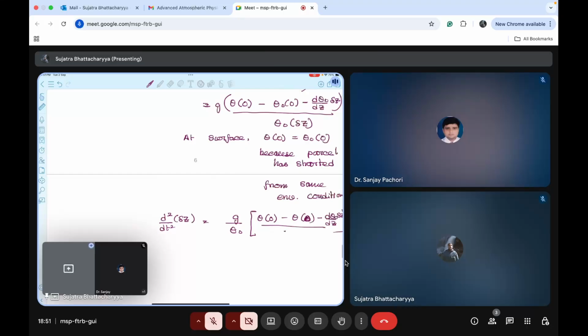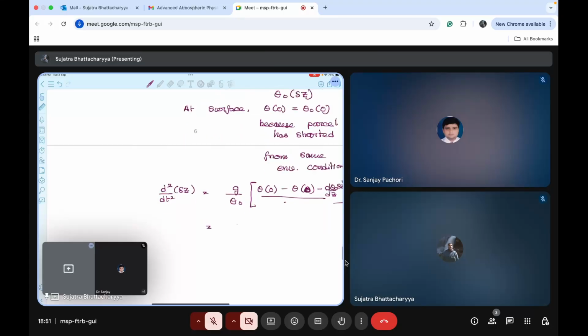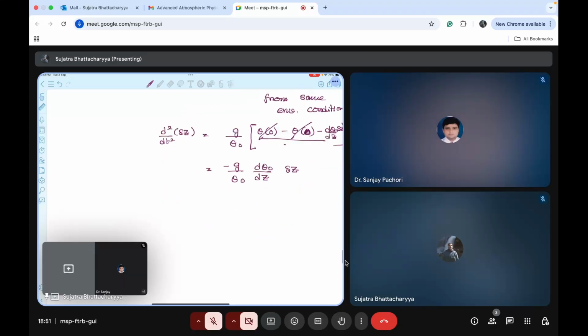Theta naught I have taken already. So g by theta naught, this goes minus d theta naught by dz delta z. This part is what we call the square of the Brunt-Weisshaler frequency.